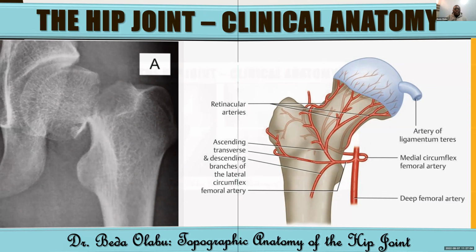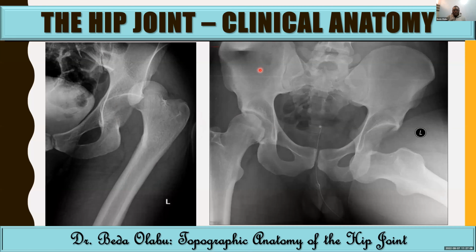Right. The other thing I want to talk about are some radiographs. Look at these before I tell you what I'm talking about. Look at the head of femur. Look at the acetabulum.